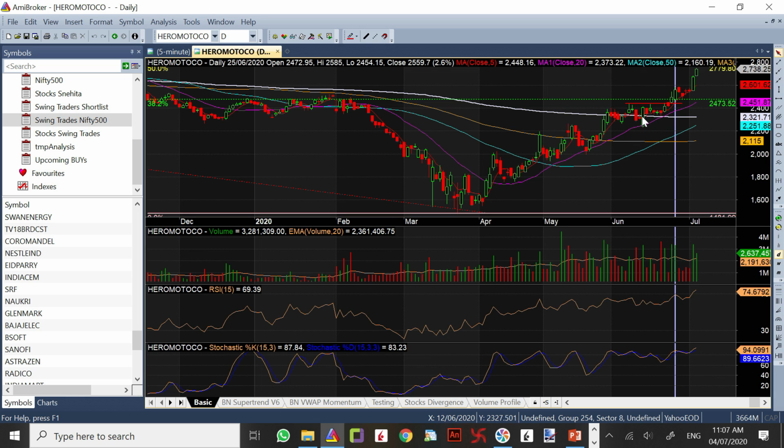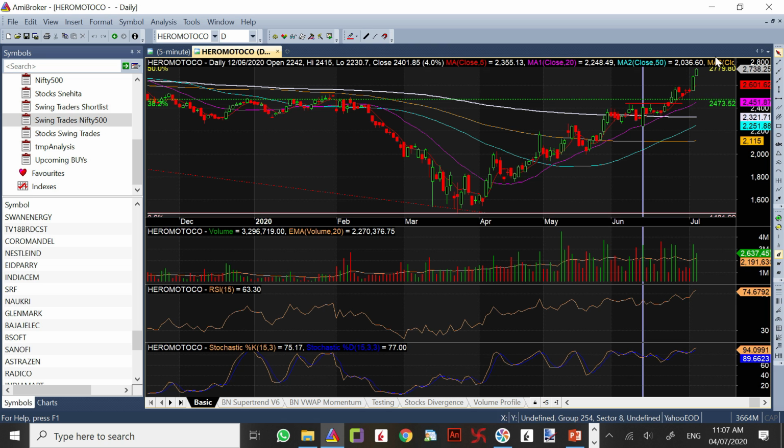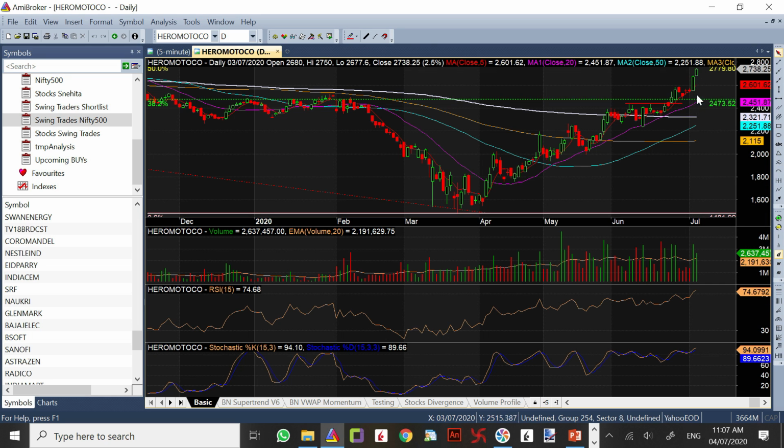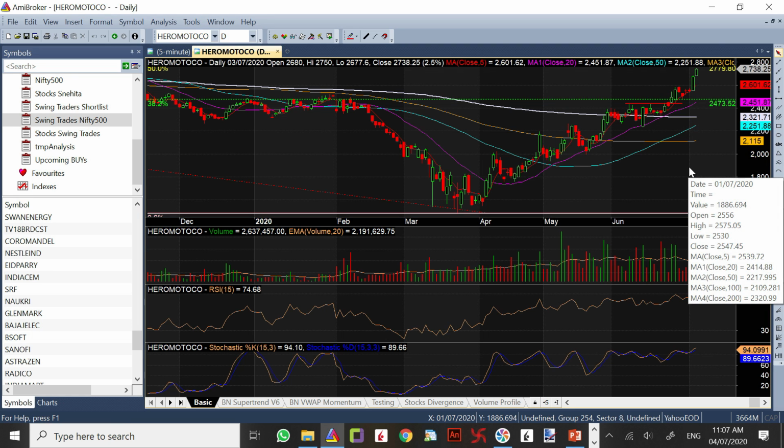In fact it has crossed here also with big volume. So on any of these dates you would have bought and already must be sitting on some 7-8% profit, and you can still ride this journey in Hero Moto. But this is a little late because it has already risen some 10% after that. So I would have done it some a week back.